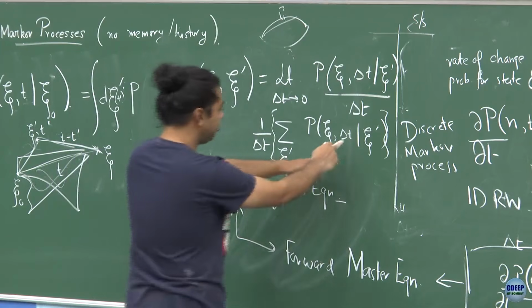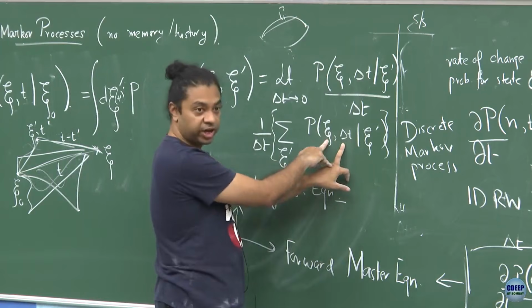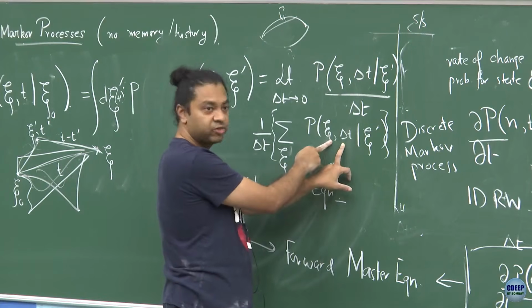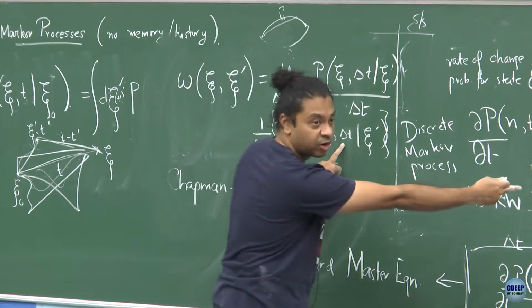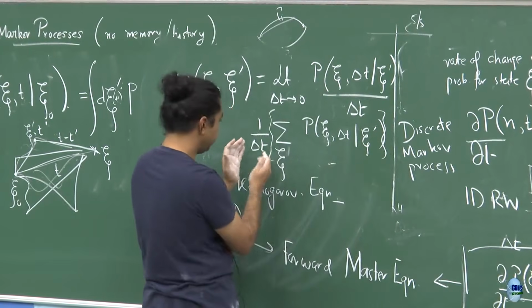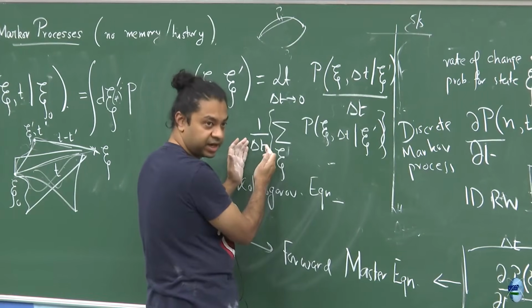Doesn't matter. In time delta t, I must have gone somewhere. Sorry, I should sum over xi. So I must have gone somewhere. This is the same as that normalization that I had written down. So this summation is 1 divided by some time scale delta t.